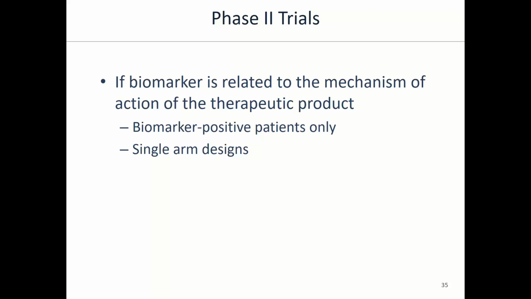Taking one step back, not only in the pivotal studies do we see many biomarker-driven designs, but also in the earlier phases. Again, with a strong relationship between the biomarker and the mechanism of action, often only the biomarker-positive patients are included, and we see many single-arm designs.